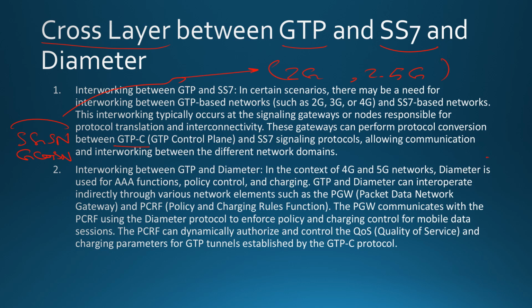And the other cross-layer, which is described in Diameter, is used when we want to use the policy and charging rules function. For example, SGSN and GGSN, before sending your data, want to charge your billing, and they want to connect with the other node, meaning the PCRF, to account your charging.